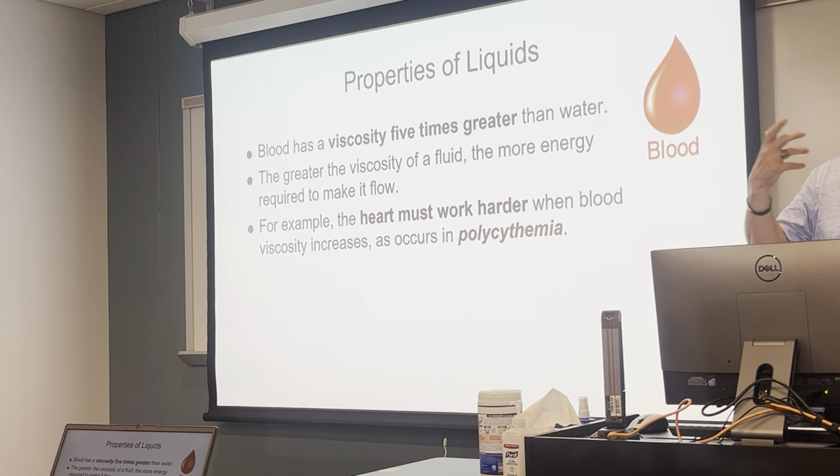I hear greater, increase, amount, yes. A greater, increased amount of red blood cells. So if there's an increased amount of red blood cells, so there's more cells in the blood than there normally is, the blood is now thicker.